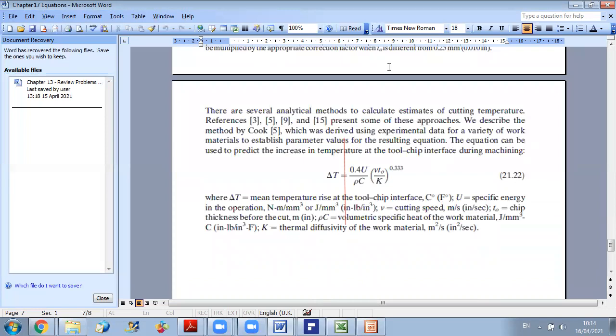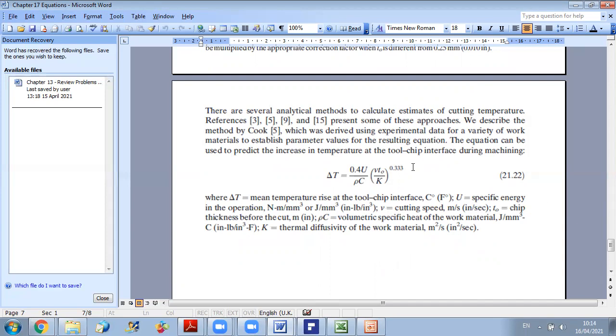Now, concerning the increase in temperature during the operation, several analytical methods are used to calculate the cutting temperature. One of these techniques is the method developed by Cook, which was derived using experimental data for a variety of work materials to establish parameter values for the resulting equation.